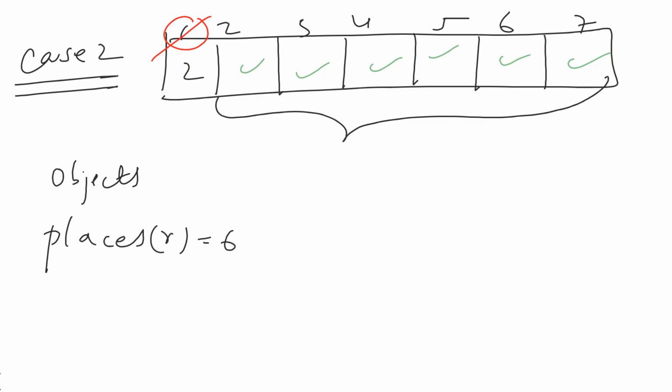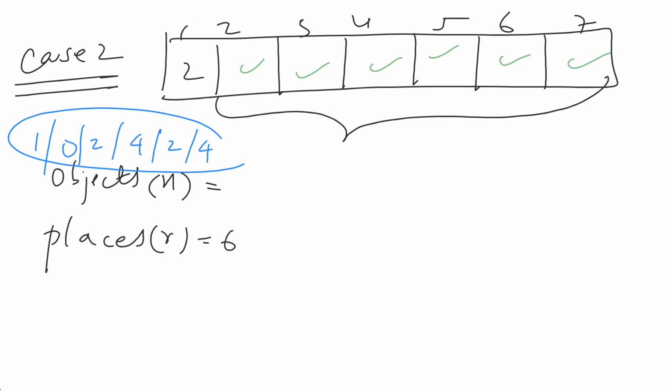Okay. So the objects which are remaining, I'll just write down the object list for you. It will be 1, 0, 2, 4, 2, 4. So we have to utilize all these objects in these 6 places, right?